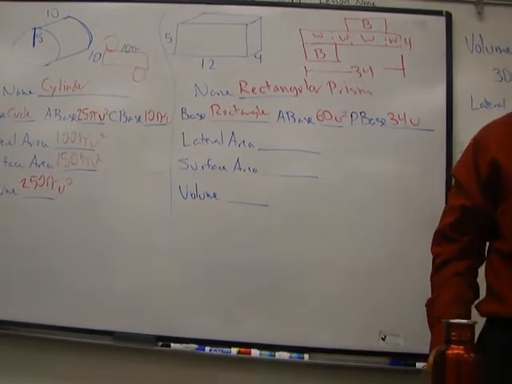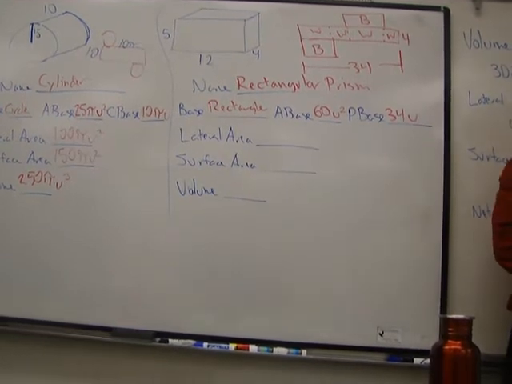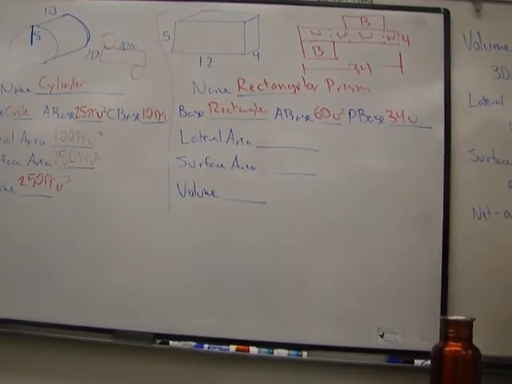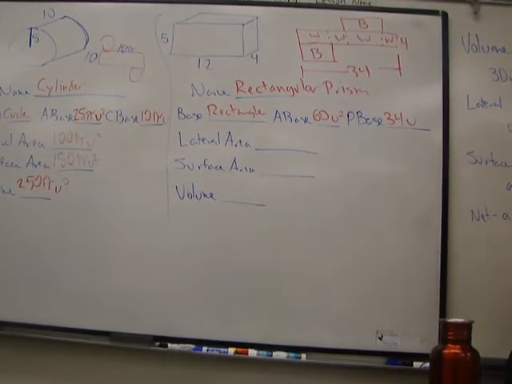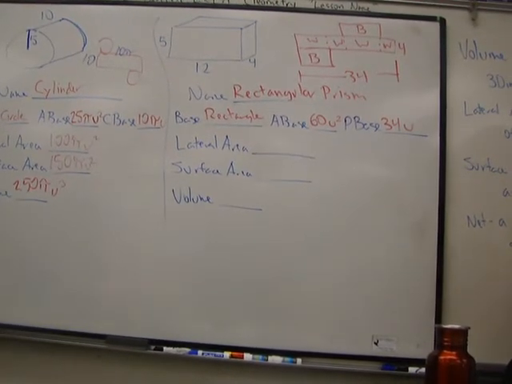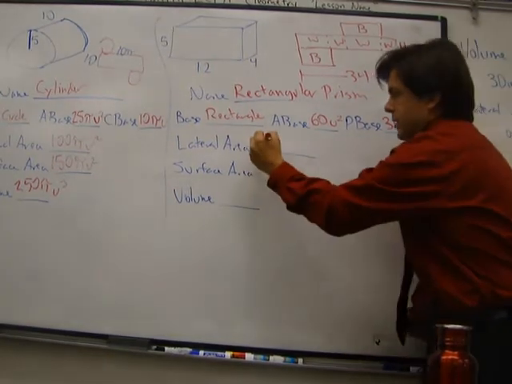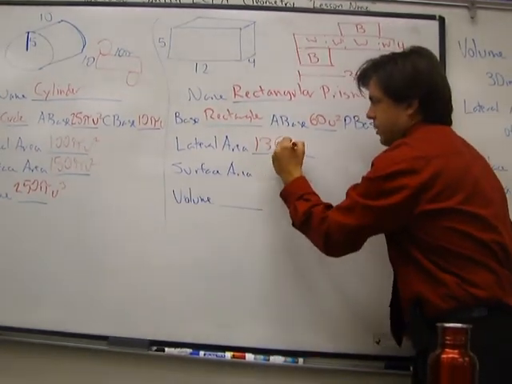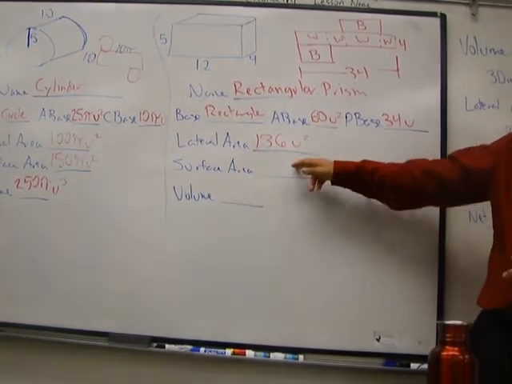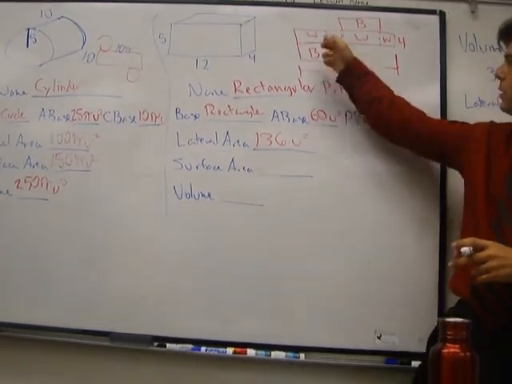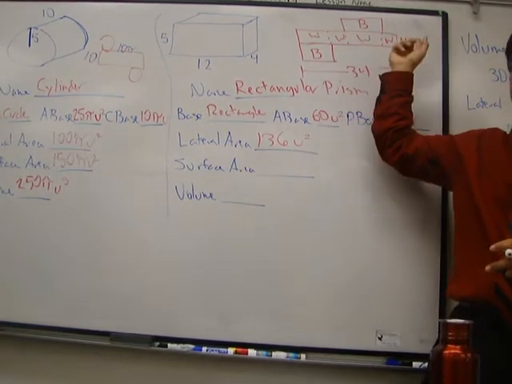What's 34 times 4? 136. It's 136 units, what? Squared.